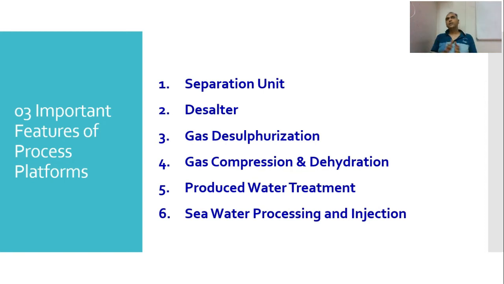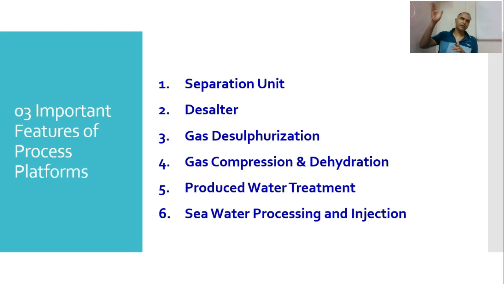And see, there are two processes. One is for treatment of gas and the other one is for the treatment of crude. And the third process is for the treatment of produced water, because the produced water you cannot directly dump as it is into the sea.